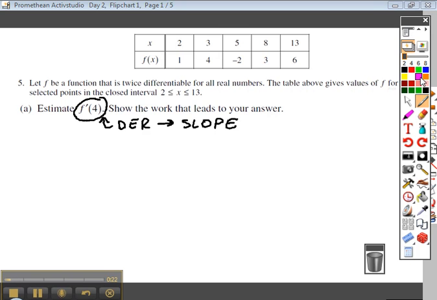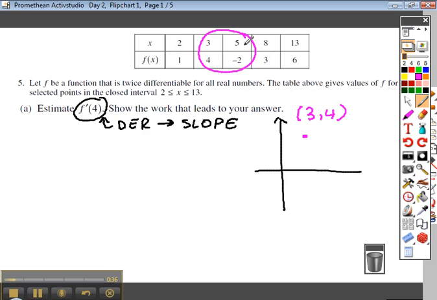If you notice, there is no information on x equals 4, but you do have coordinates at 3 and at 5. So the first coordinate you have is (3, 4), which I'm just going to estimate to be here. And the next coordinate you have is (5, -2), which I'm just going to estimate to be here. If you work it out, you're really just finding the slope between these two points.